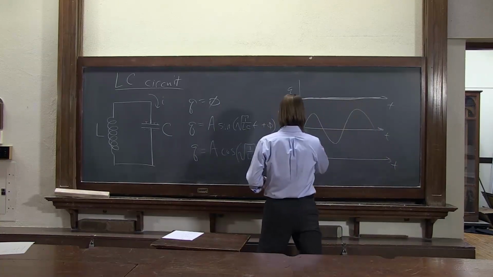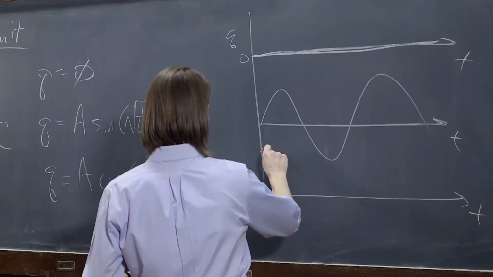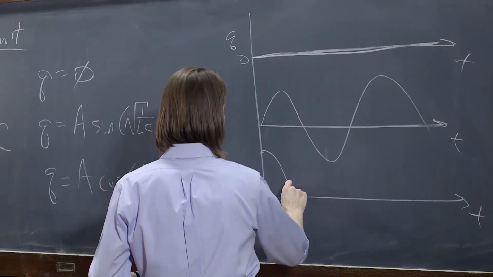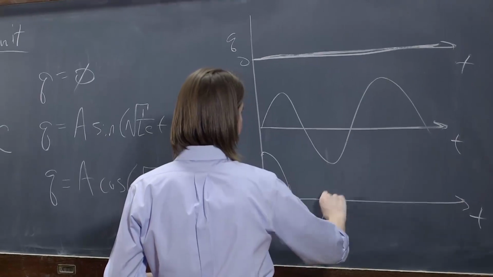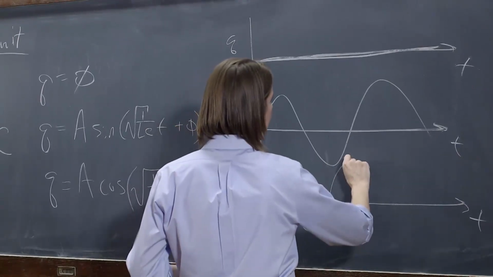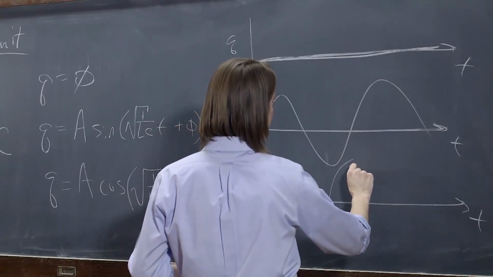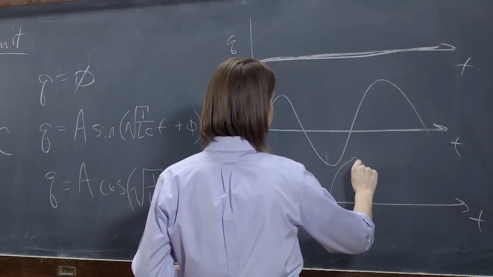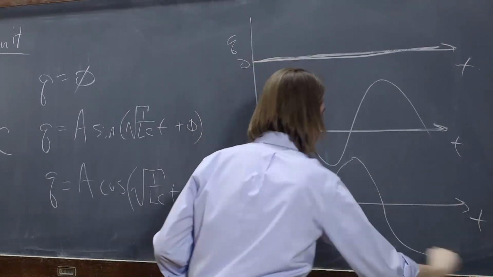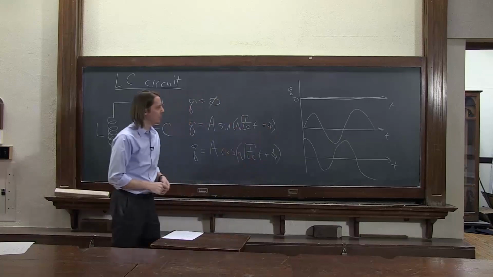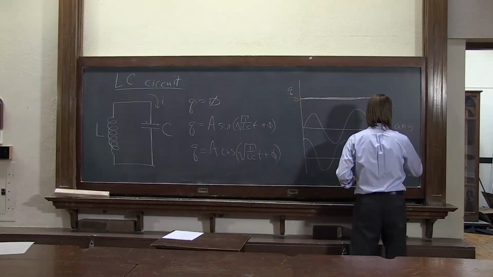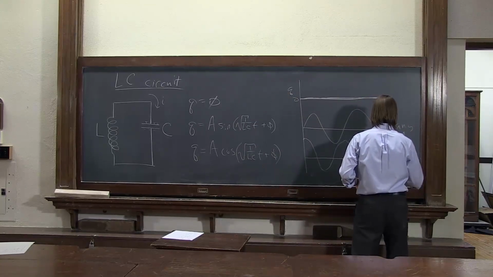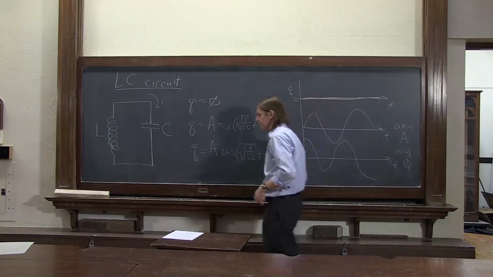So it would be maximum here, and you have to line it up. It goes to 0 when that one is maximum, and it goes to minimum when that one's 0. I'm really horrible at this. Got to get them perfectly out of phase. There we go. That one's cosine. In the case of these two, they have any A and any phase.